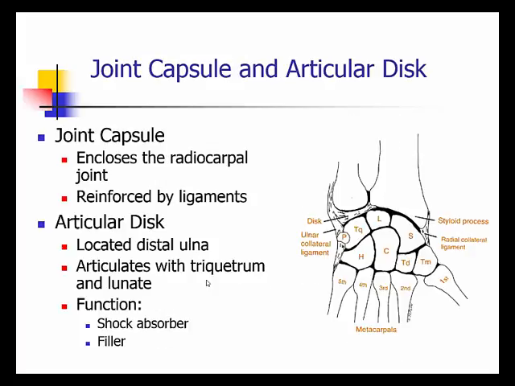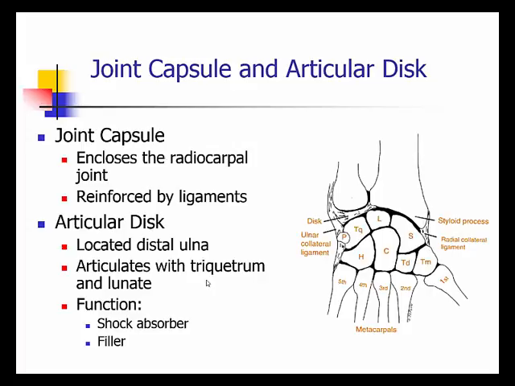Alright, some notes about the joint capsule and articular disc. The joint capsule encloses the radiocarpal joint, and it's reinforced by ligaments. These ligaments are the radial collateral ligament and the ulnar collateral ligament. You have an articular disc that's located in the distal ulna and articulates with the triquetrum and lunate, and it functions as a shock absorber and also serves as a filler.